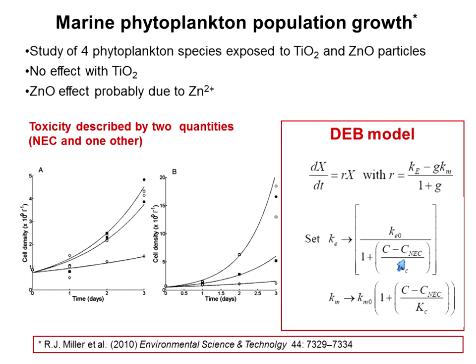If you assume there is some no-effect concentration, the quantity we've called CNEC here, and there is a parameter, K with subscript E and subscript C, that characterizes the strength of the interaction, then you have the possibility of fitting these parameters using the data from these very, very simple graphs.